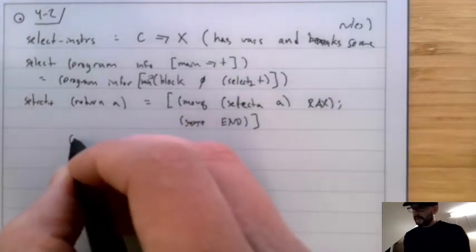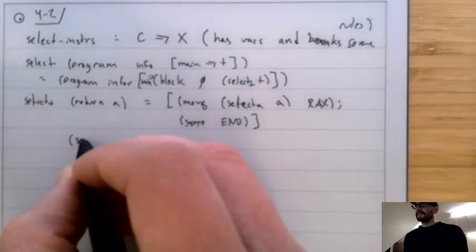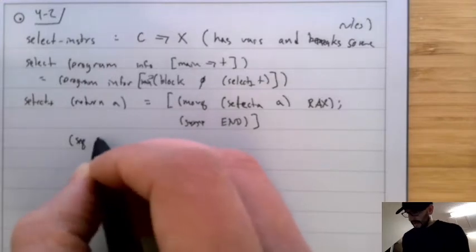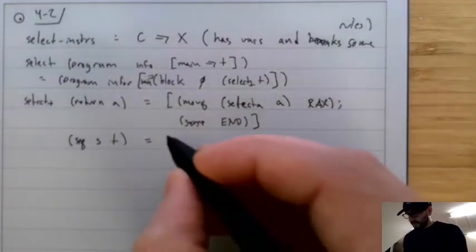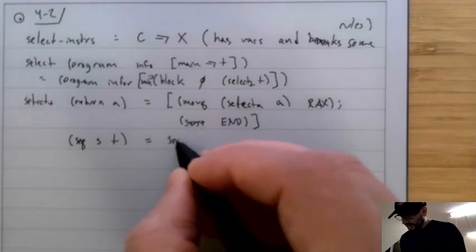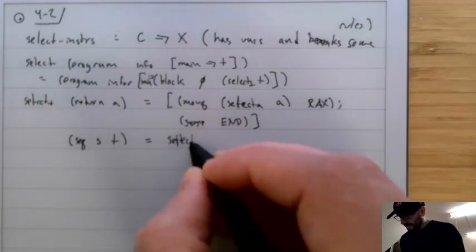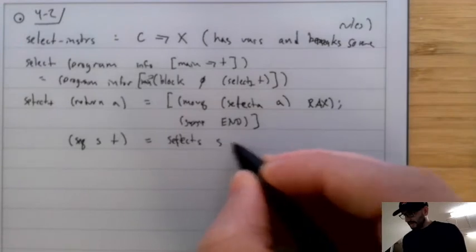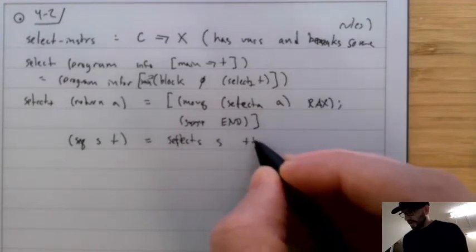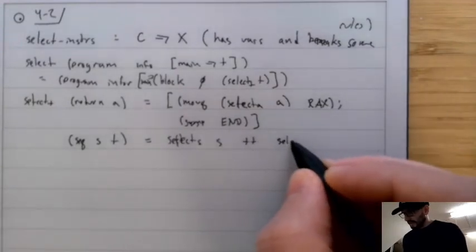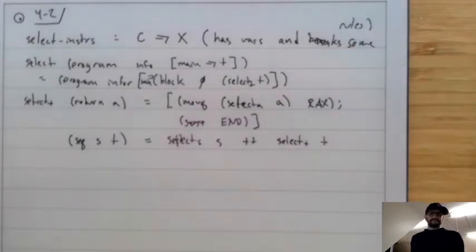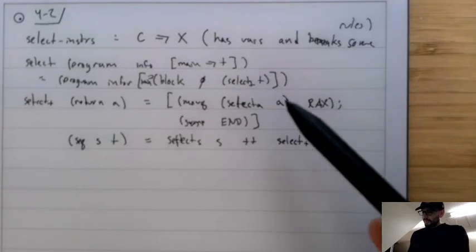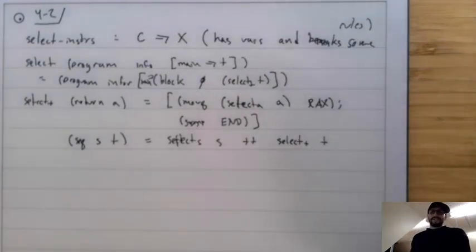And then if we're given a sequence instead, that'll have an S and a T. And what we'll do there is we'll just do select on a statement, S, and then we'll just join that with calling select on the T. Okay, so when we return, we move the answer into RAX.